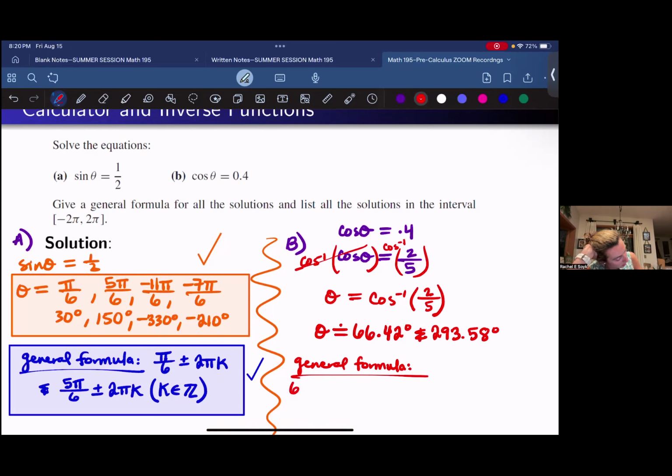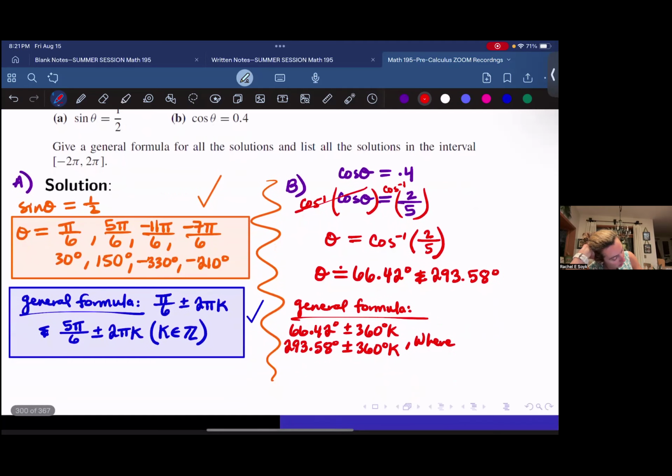So 66.42 degrees plus or minus 360 degrees K. And then we get 293.58 degrees plus or minus 360 degrees K, where K is an element of our integers.